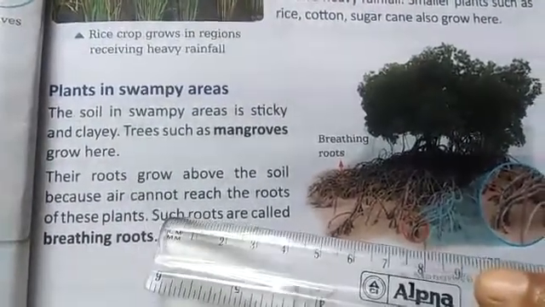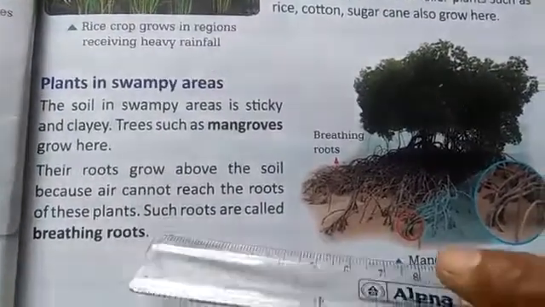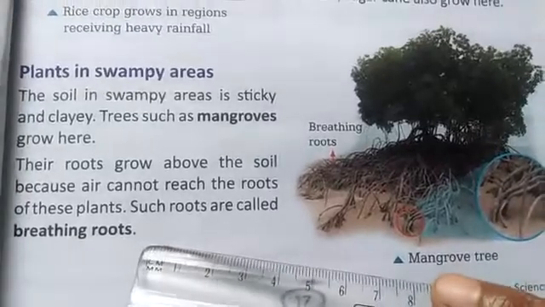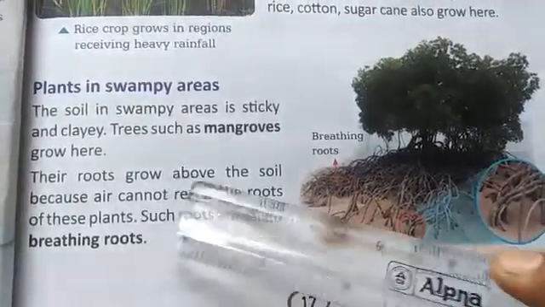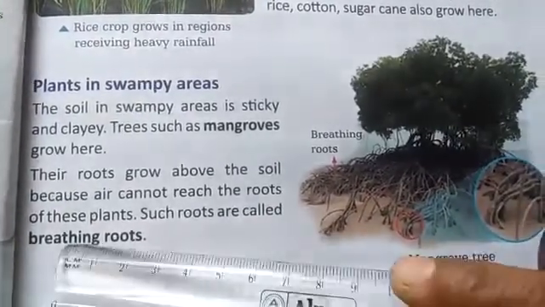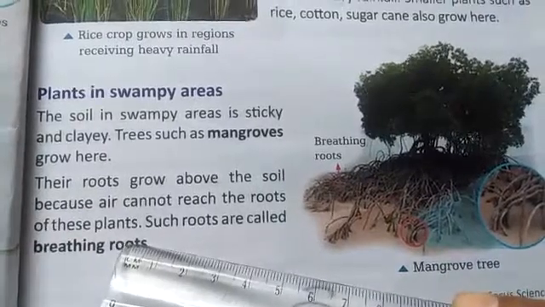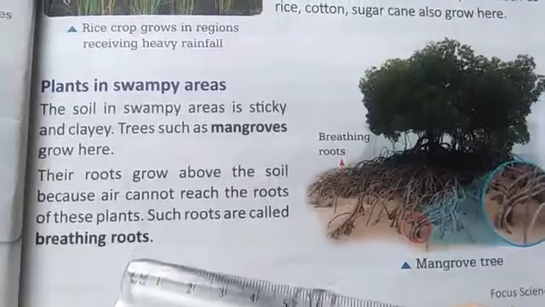When we talk about trees, the tree's roots are below the ground. But mangrove roots are above the soil, because air cannot reach the roots of this plant. As the area is swampy, if the roots were inside, they could not breathe properly.